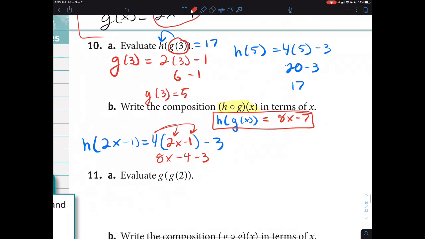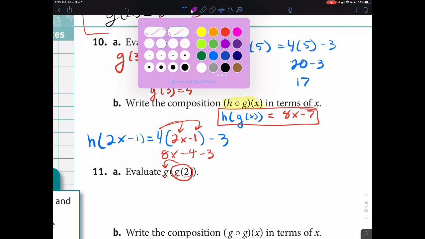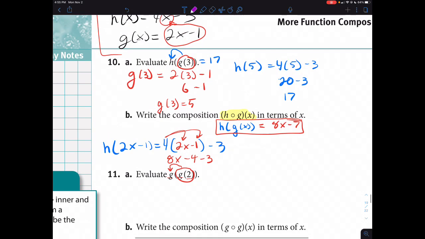And then now we're going to evaluate g of g of 2. So we're using function g twice here. First I'm going to plug 2 into g, and then I'm going to get an answer, and then I'm going to plug that answer into g again. So g of 2 is going to be 2 times 2 minus 1. 2 times 2 is 4, minus 1 is 3.